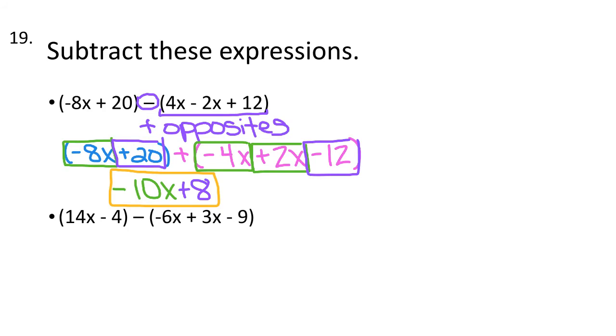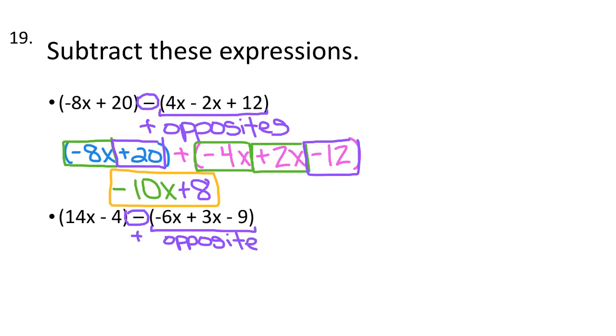Let's go to the next expression and practice doing the same steps. Starting out with the middle subtraction sign. We can't combine like terms until we get rid of that one subtraction sign. In order to do that, we're going to turn the problem into adding the opposite of the second expression.